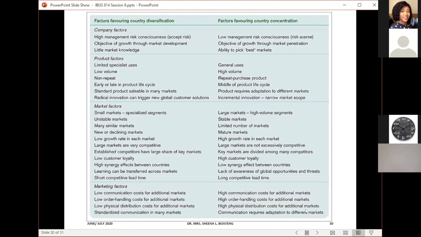But if you have high order handling costs for additional markets, you need to concentrate your efforts so that you do not expend so much of your resources handling orders, such that you eat into your profits. So among other things, we can see that several factors listed under company factors, product factors, market factors, and marketing factors all go a long way to determine whether a firm decides to use a diversification approach or a concentration approach.